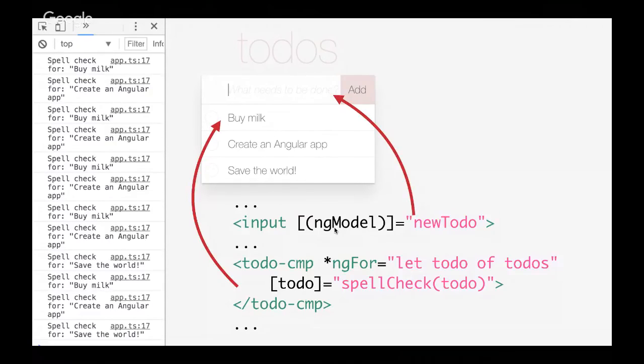We're invoking the spell checking algorithm, and respectively, it is being invoked by Angular's change detection mechanism extremely often. So if this spell check algorithm is heavy, obviously the browser's main thread is going to freeze, and we're going to start dropping frames. So we're going to create a very, very poor user experience.